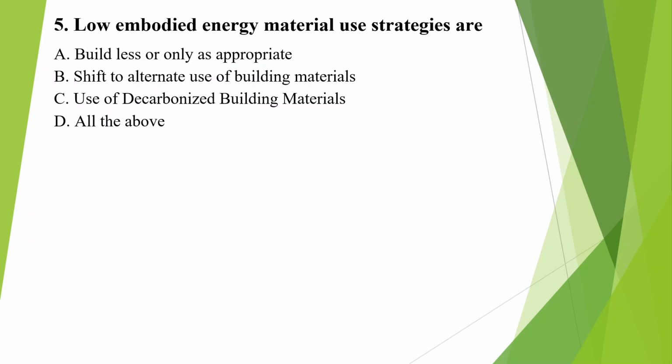For low embodied energy materials, they can use the strategy of build less or only appropriate building, or use of decarbonization building materials. So all are correct. Option D is the correct answer for this question number 5. Is it clear, Rajesh?